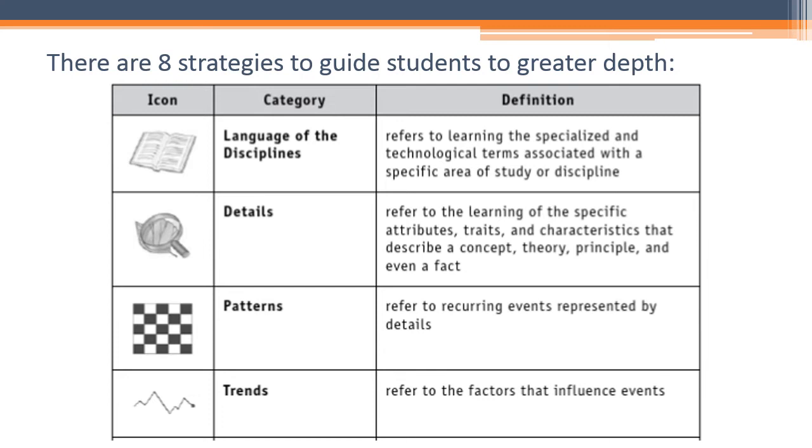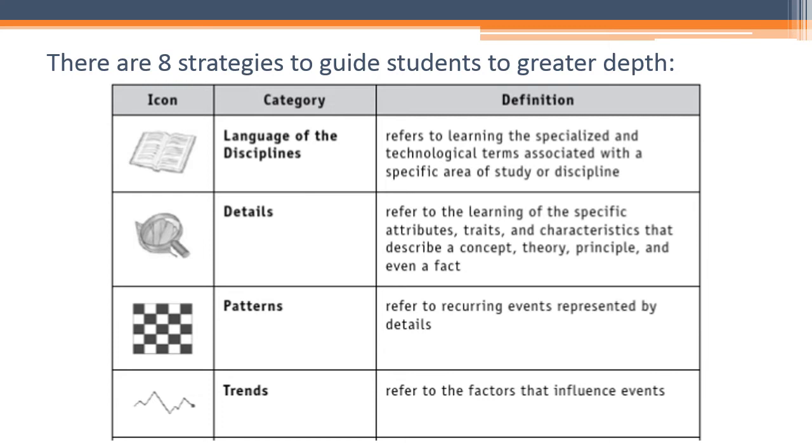So, what is the definition of gifted? What is the definition of talented? What is intelligence? What are multiple intelligences? Questions like that will guide the student to greater depth through the language of the discipline.